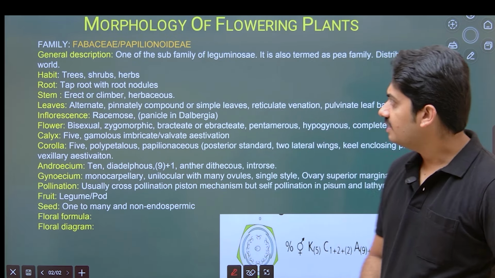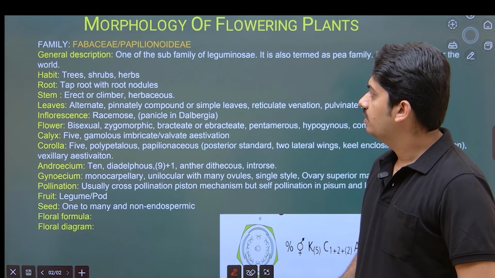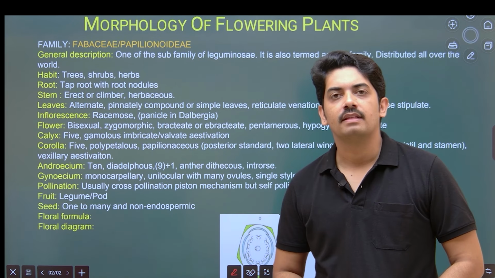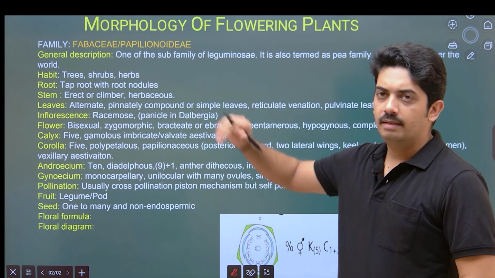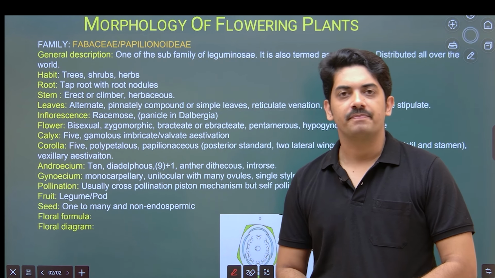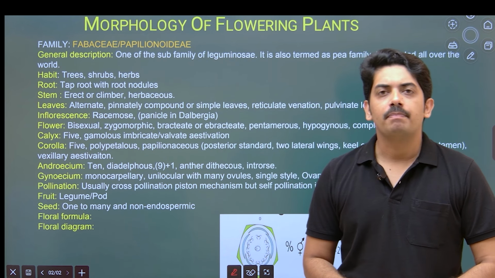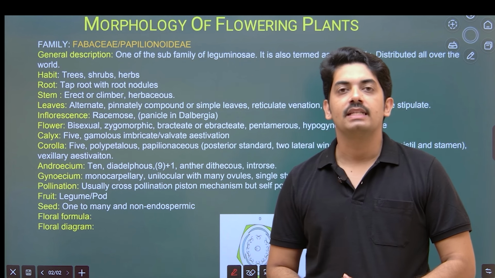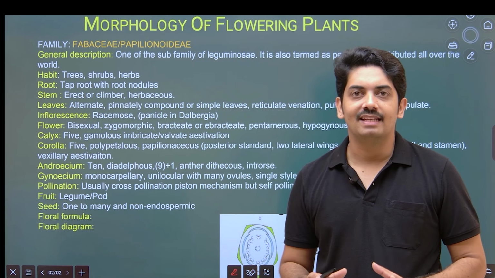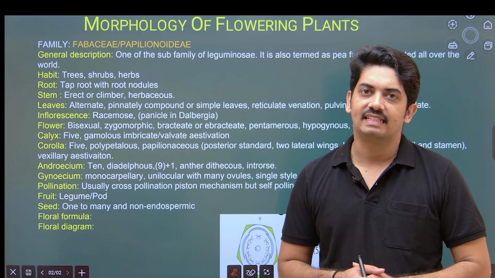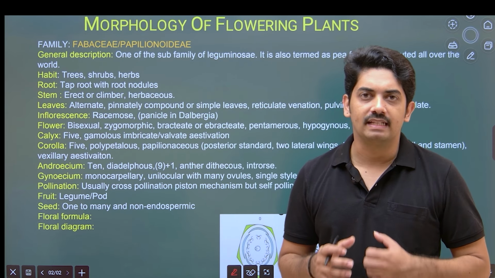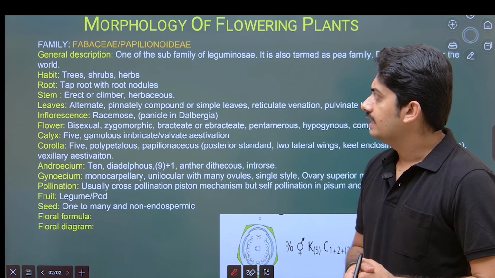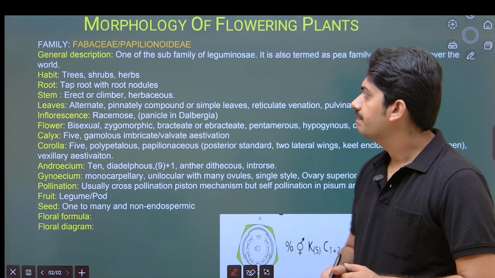Okay, so let us continue with the next family, that is Fabaceae. The old name is Papilionoidae. The name Papilionoidae because it has butterfly wing like petals, that is the name derived because of the structure of petals. Let us see the general description.